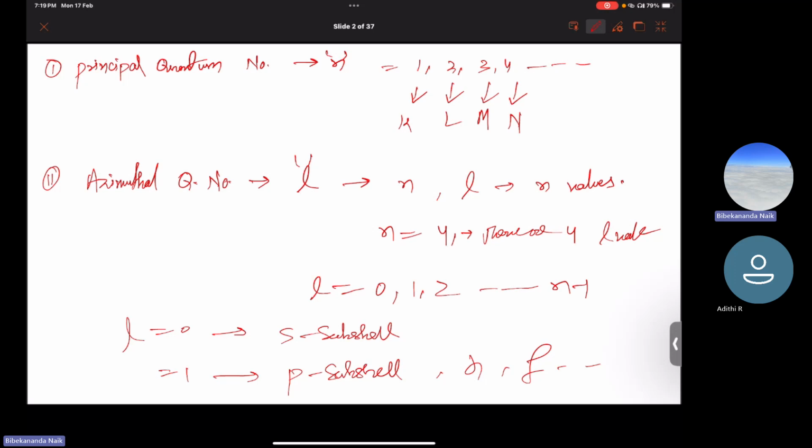So first, principal quantum number was explained, and it gave an idea about the energy of the electron in which it is revolving. However, it was found that during Sommerfeld's modification to Bohr's theory, there was introduction of another quantum number, which is azimuthal quantum number. Corresponding to one n, there were more than one levels of L. So there were total n levels of L, whose values start from 0 to n minus 1.